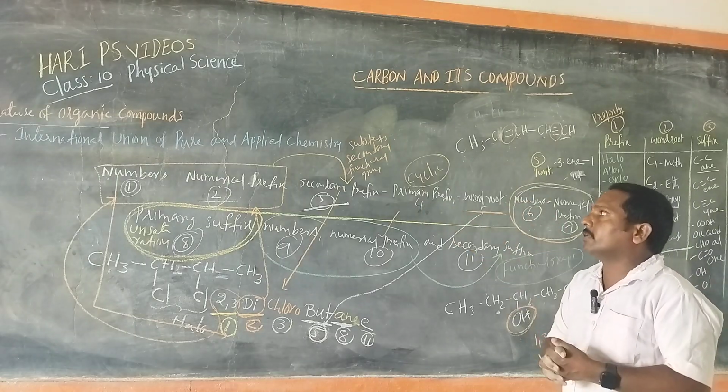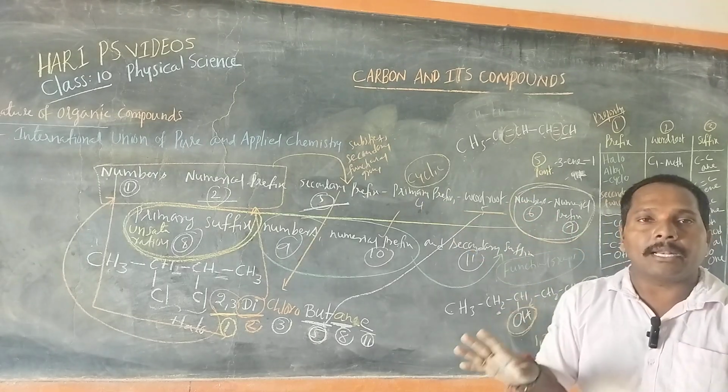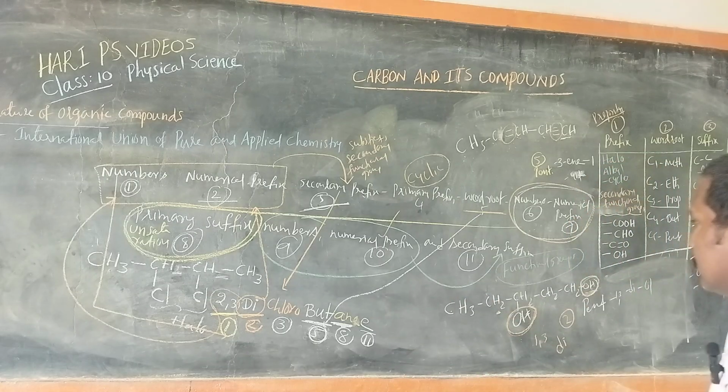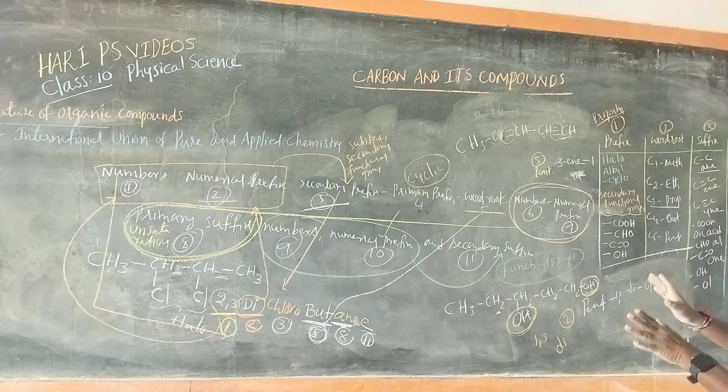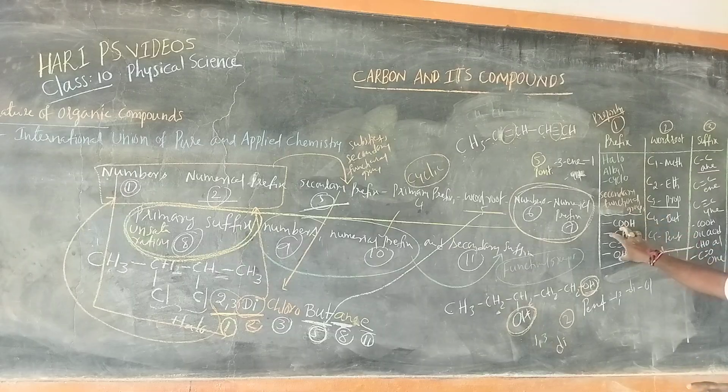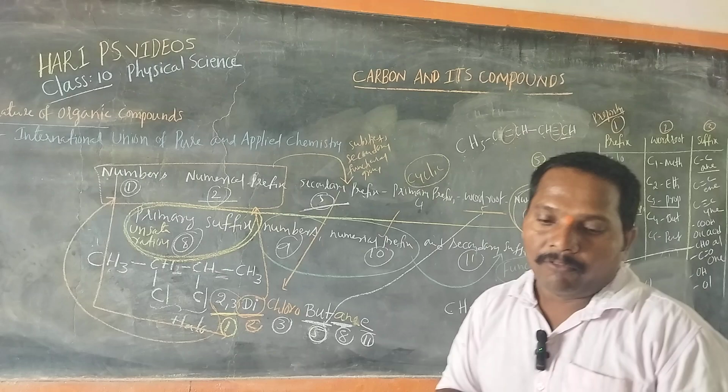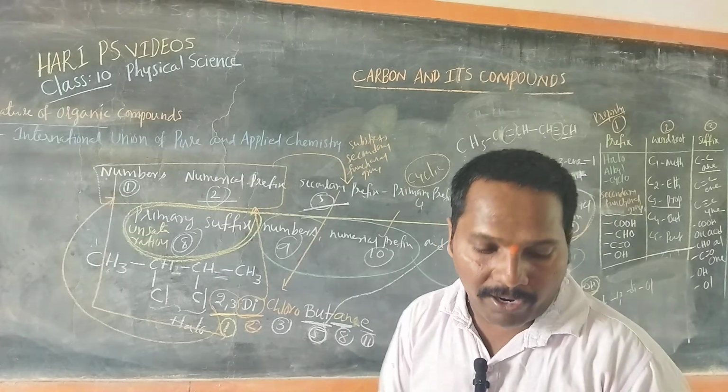This primary prefix is only for cyclic compounds. Whatever comes first, the order is prefix, word root, suffix, and functional groups.